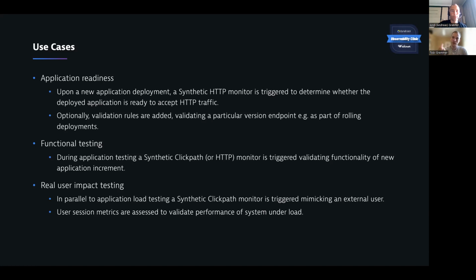Or to take it one step further, we can even add a validation rule looking at, for example, a metadata or a version endpoint, which is not uncommon for applications. So you could set up a monitor that validates the response of that very endpoint. Let's say you deployed a build of a specific commit hash.